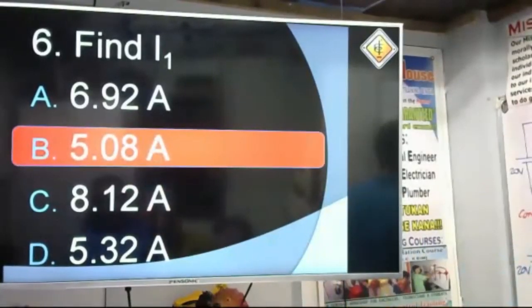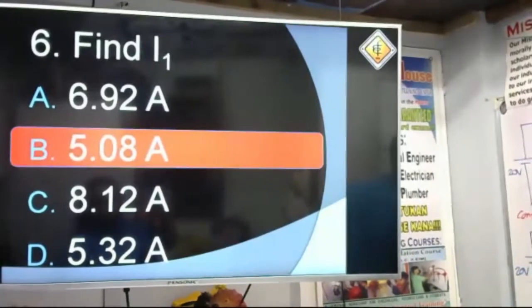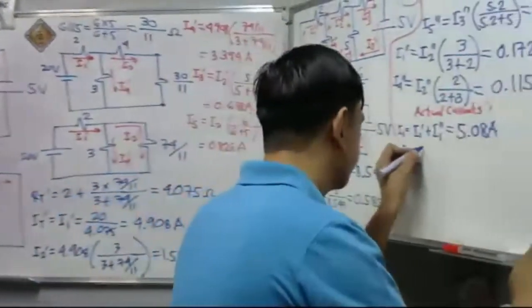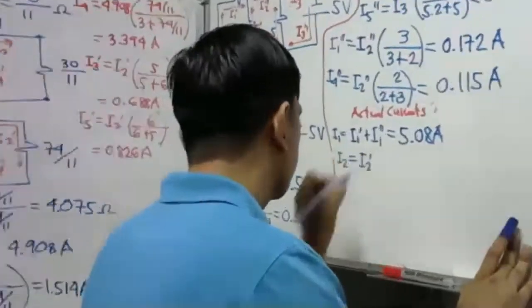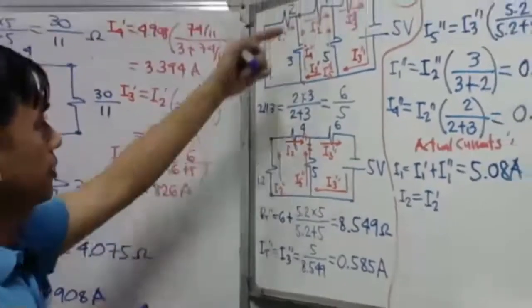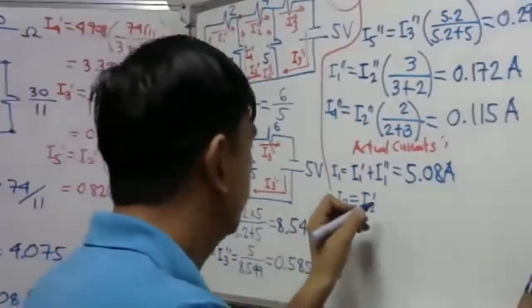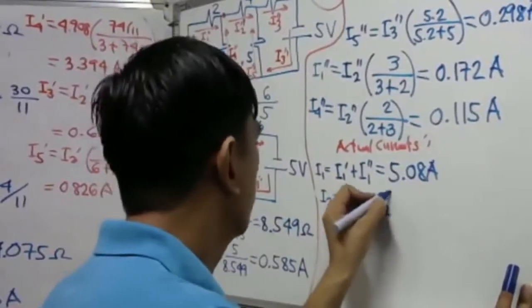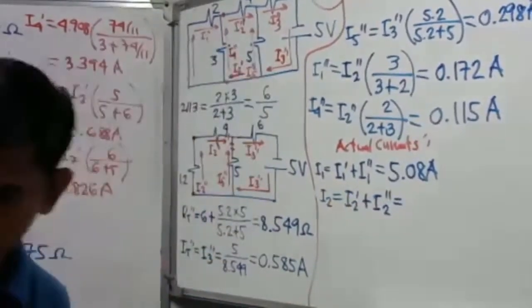Okay. What about I2? Our I2 is going to the right. I2 prime is going to the right also. What about the double prime? That is also going to the right. So, you just have to add plus I2 double prime.